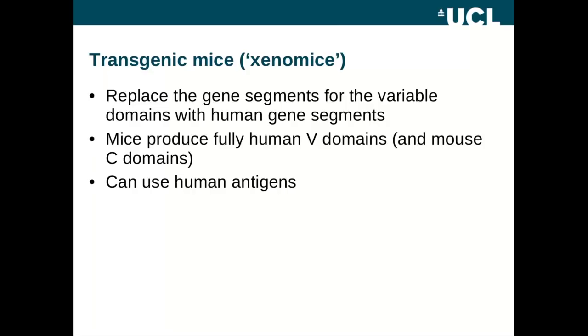And once we have those, we can again engineer those in the lab in the same way that we would with a chimeric, in order to produce an antibody which has human constant domains as well as human variable domains. And this method has been a very successful method over the last 10 years or so of producing fully human antibodies.